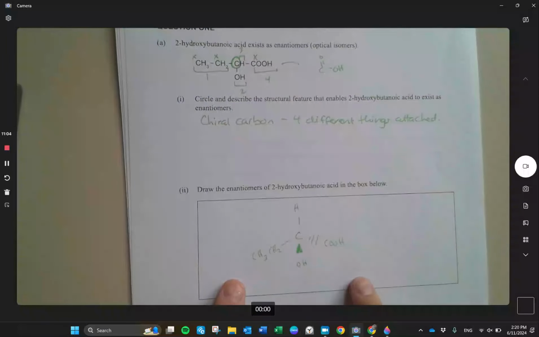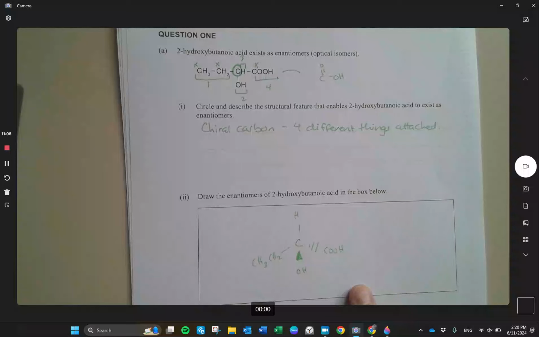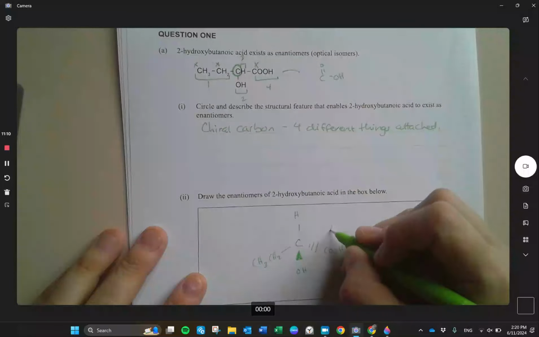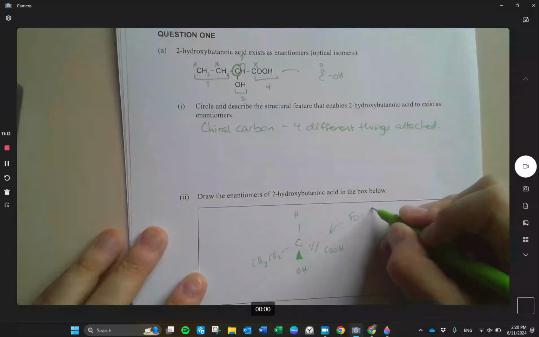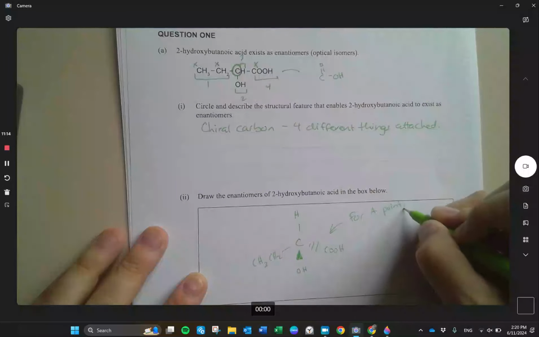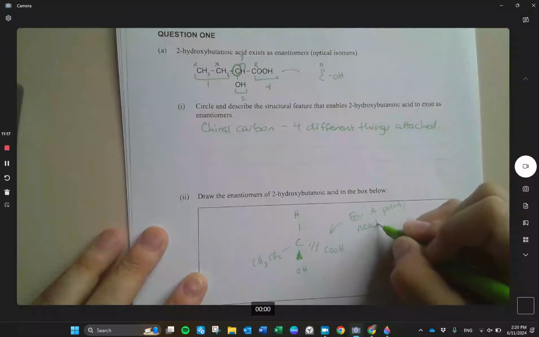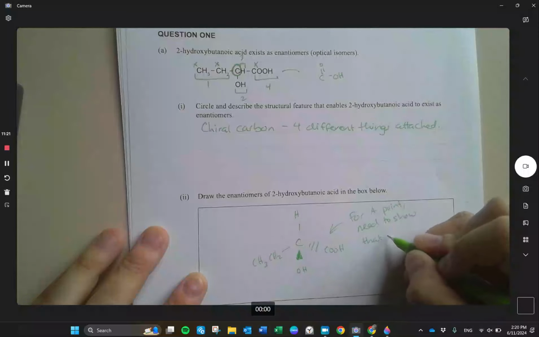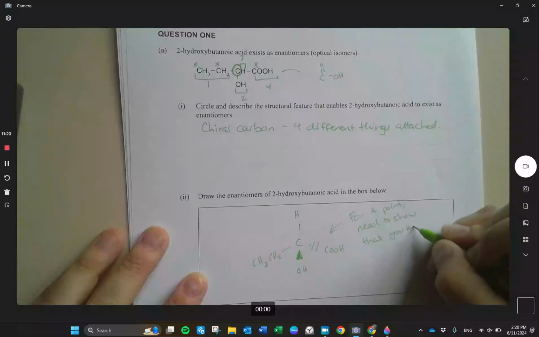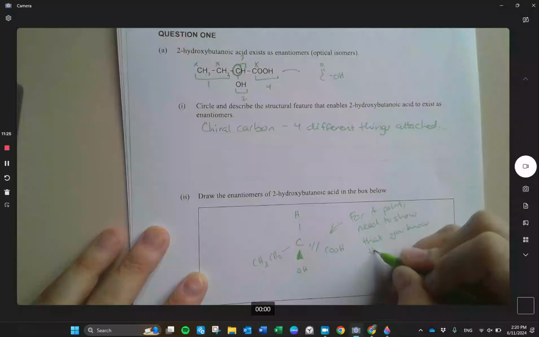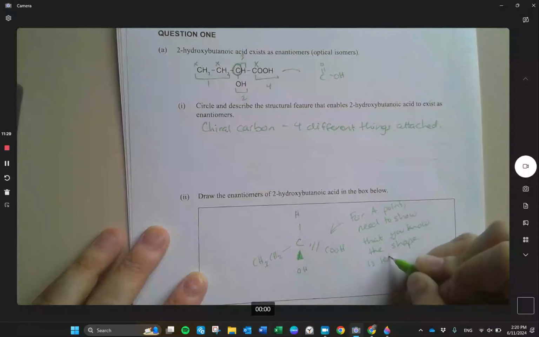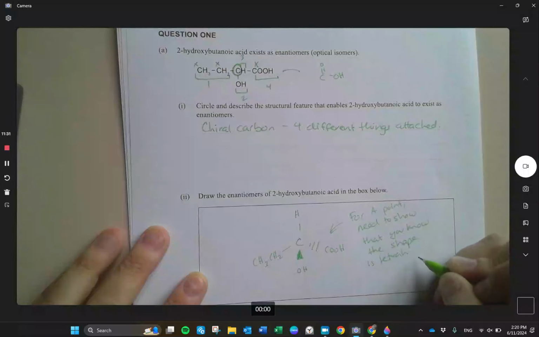That's the important thing, and that's enough for the achieved.